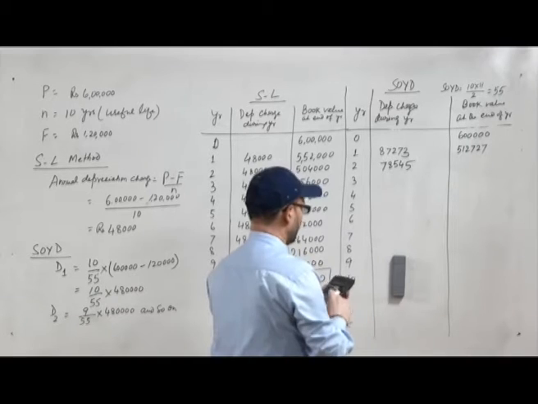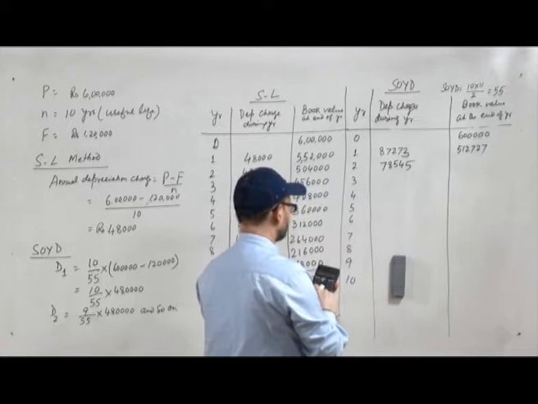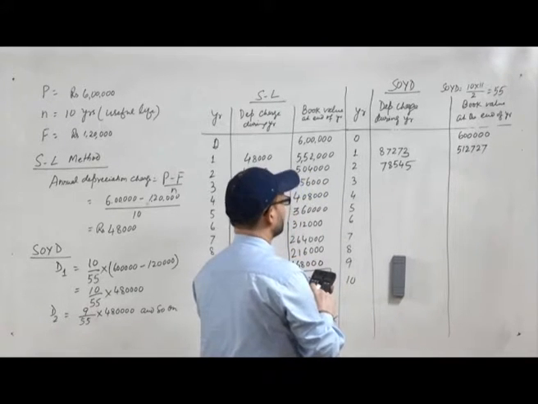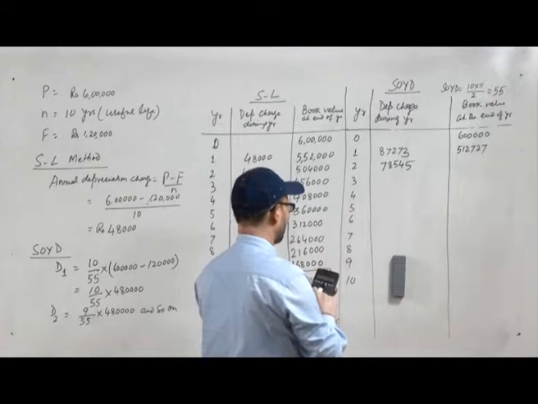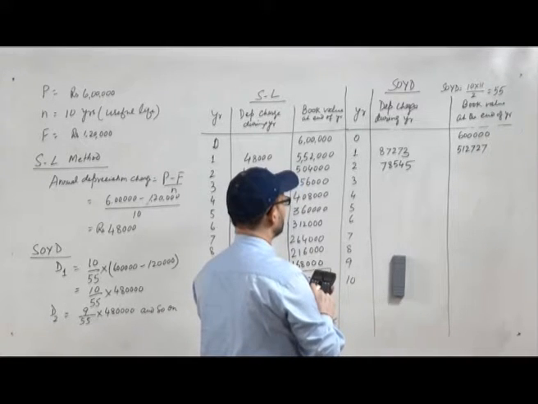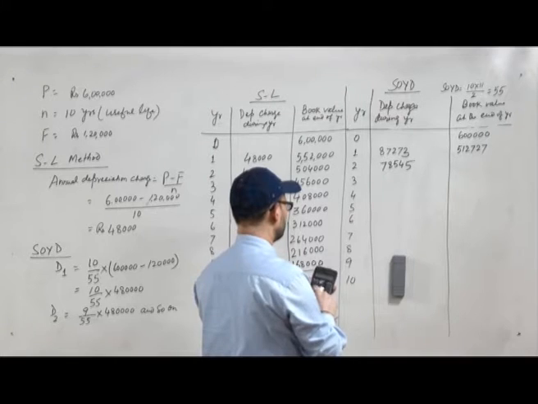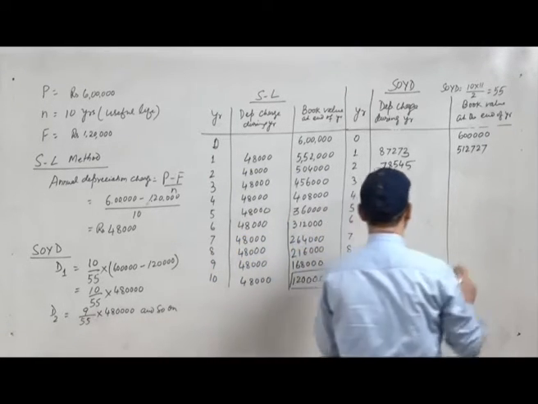So, 512,727 minus 78,545 comes as 434,182.